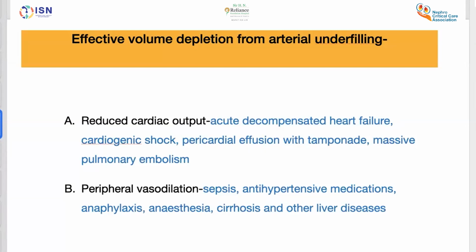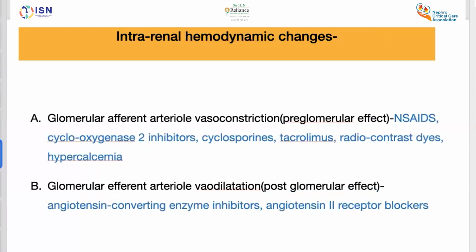Causes include acute decompensated heart failure, cardiogenic shock, pericardial effusion with tamponade, and massive pulmonary embolism. Or there may be peripheral vasodilation as seen in sepsis, use of antihypertensive medications, anaphylaxis, anesthesia, or cirrhosis or other liver diseases.